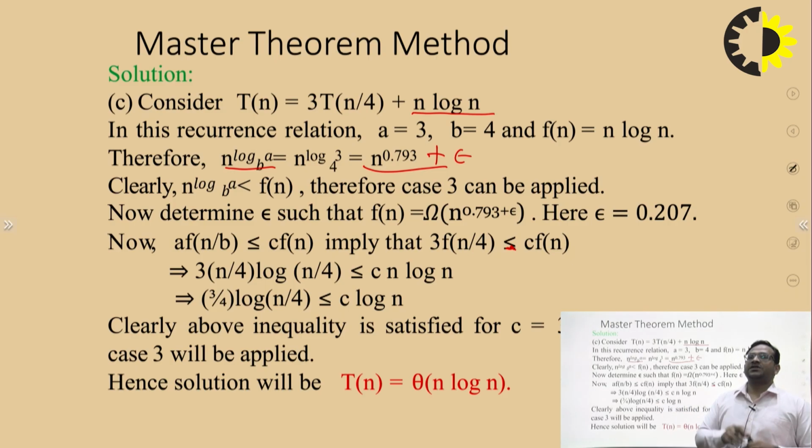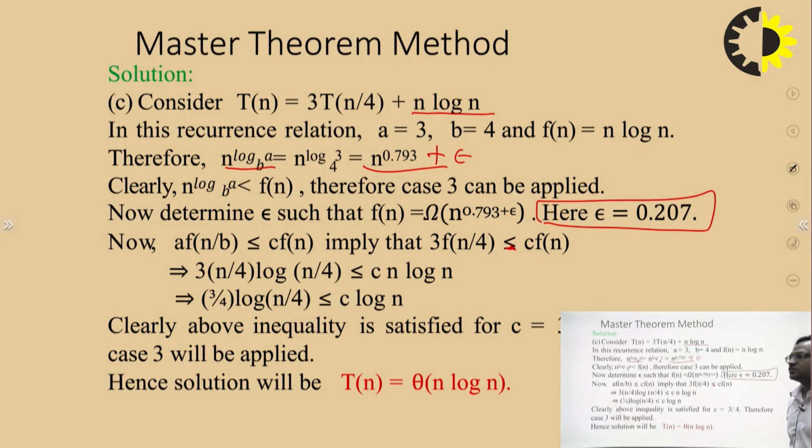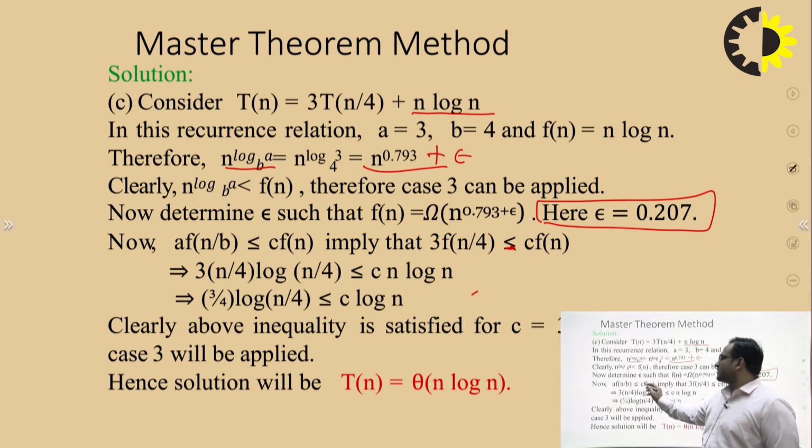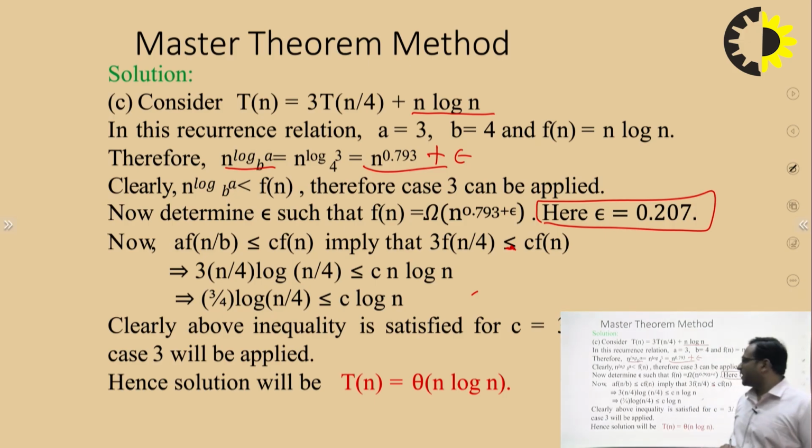But in case number 3, you have to check the second condition. Hence, you can see here the epsilon is 0.207. Now we have to check the other condition, that a f(n/b) is less than or equal to c f(n). So the value of a is 3, (n/4) log(n/4) is less than or equal to c n log n.